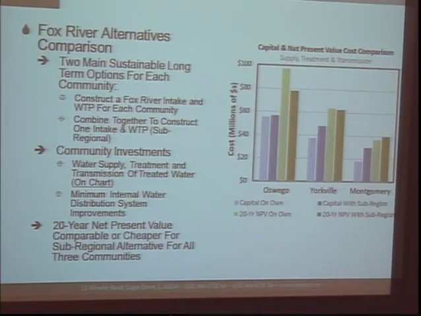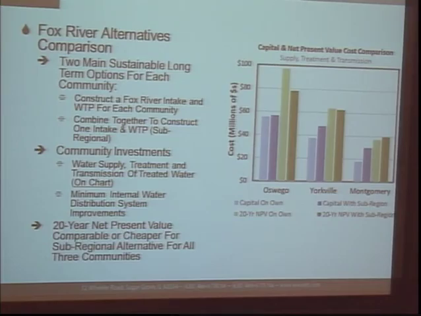You may be asking yourself, well, that's great, interesting about the village of Montgomery, but I am kind of curious how it looks for the other two communities, Oswego and Yorkville. This slide attempts to summarize that for you. They too have the option of going to the Fox River on their own or joining you and the other community sub-regionally.